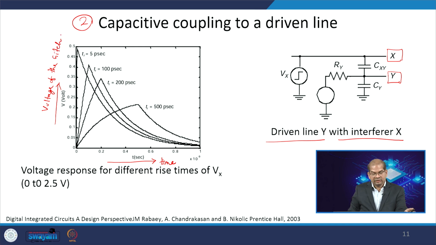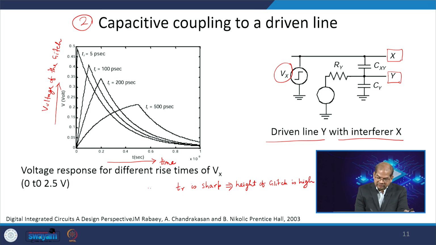Whenever the rise time of the signal Vx is sharp, T rise is sharp, it implies that the height of the glitch is high. Sharp means this is a sharp transition.